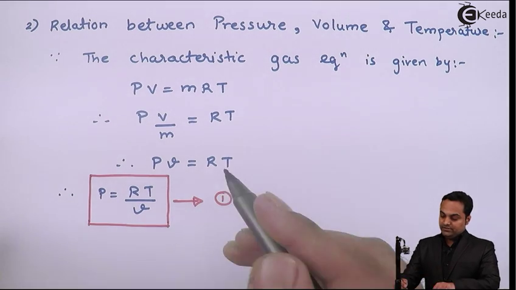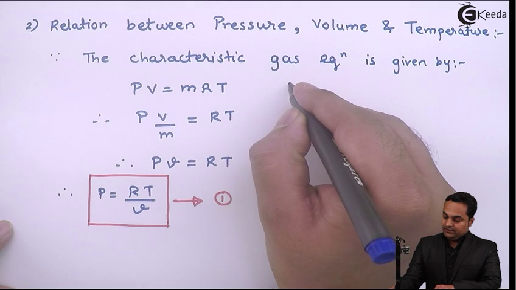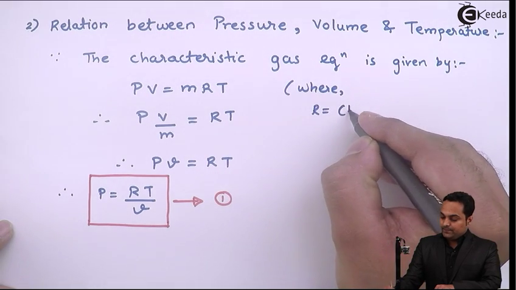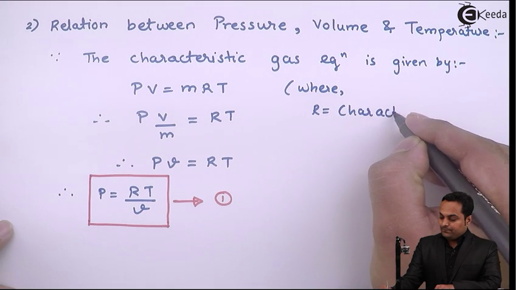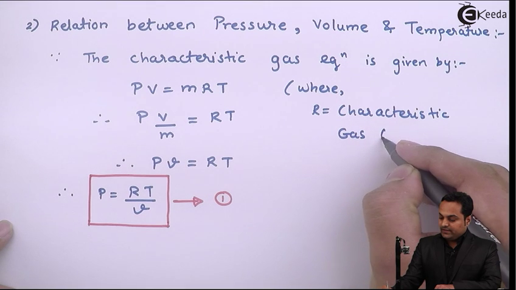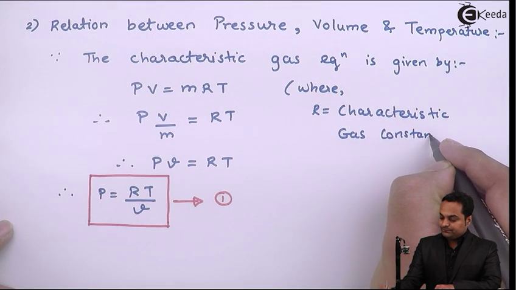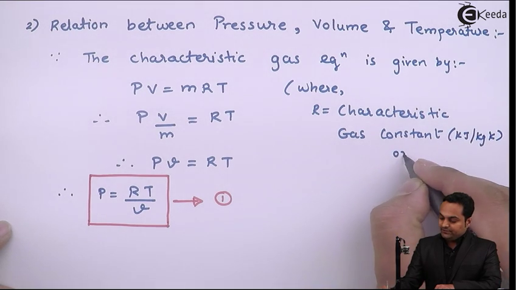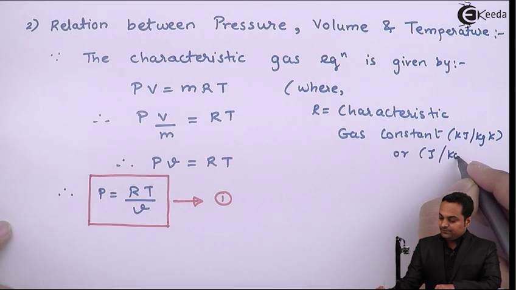and here in this equation, capital R is called the characteristic gas constant. Its unit can be in terms of kilojoule per kg Kelvin, or it can be in terms of joule per kg Kelvin.